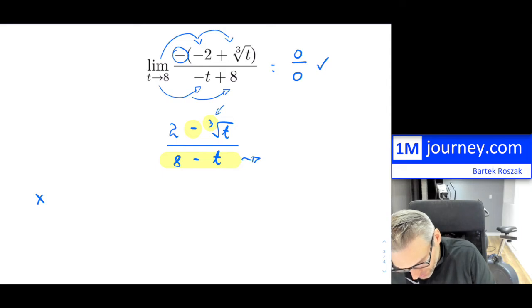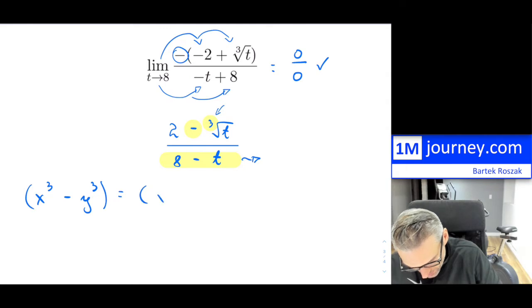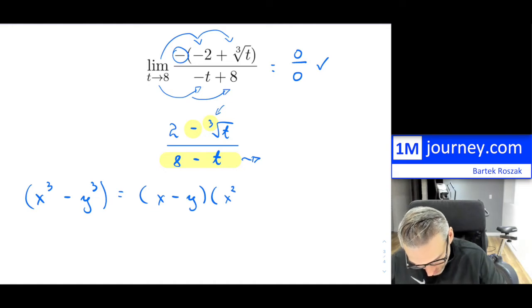difference of cubes told us this. If we have x cubed minus y cubed, then this is equal to x minus y multiplied by x squared, and now the sign changes here, plus x y plus y squared.